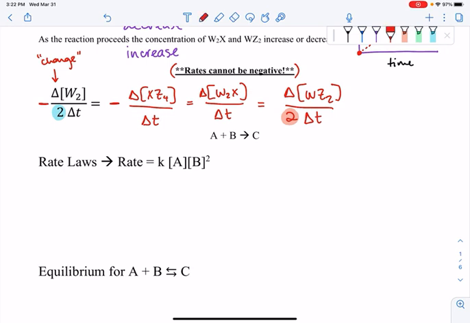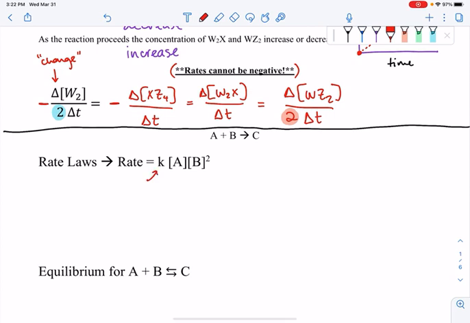We work with rate laws. So after you've integrated them, basically, well, sort of. So if you have a reaction like this, A plus B yields C, you could write out a rate law that looks something like rate equals k times A times B squared, right? So this is obviously the rate. This k here is called the rate constant, right?